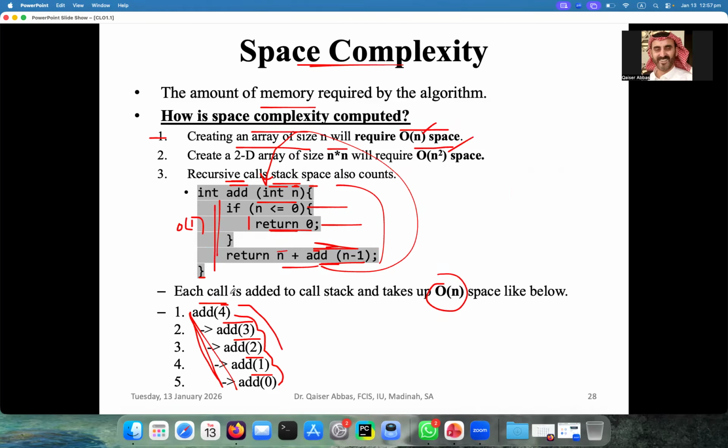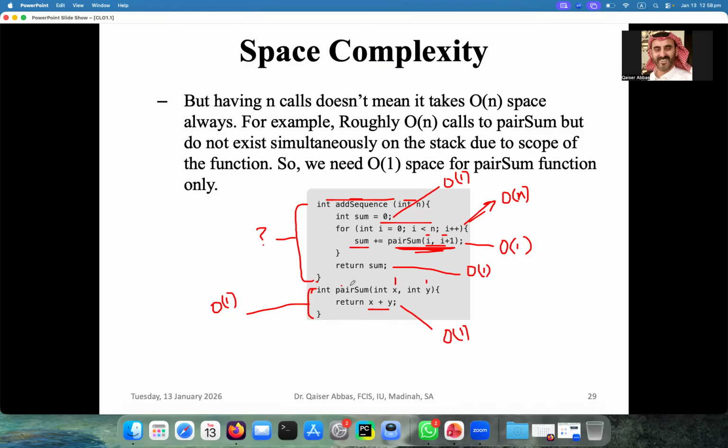While in the recursive case, the scope after calling add of 4 is not completed yet. It is still in process. And then you called further add 3. It is in process. It is not finished yet. Due to this, it is still in the memory. But here, when you call this, the process has been done, you are returning, and it is finished.